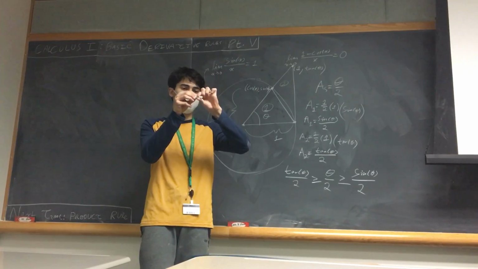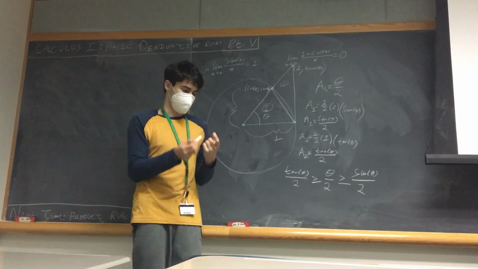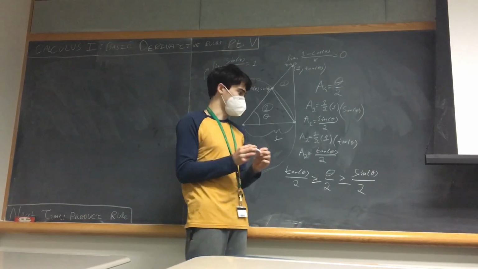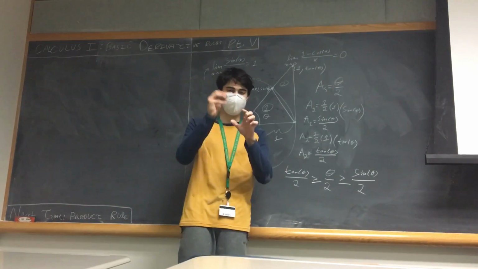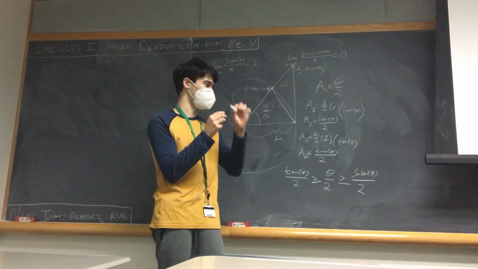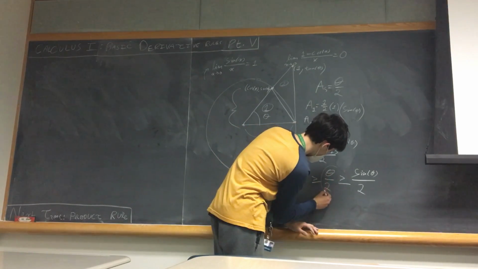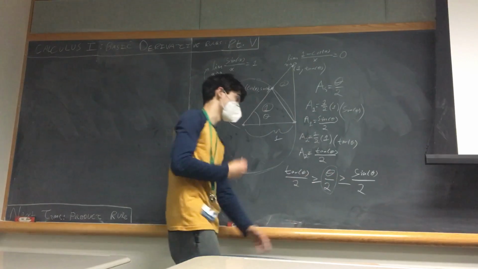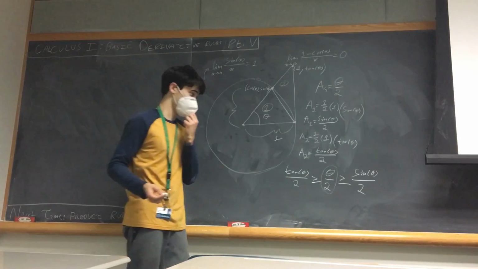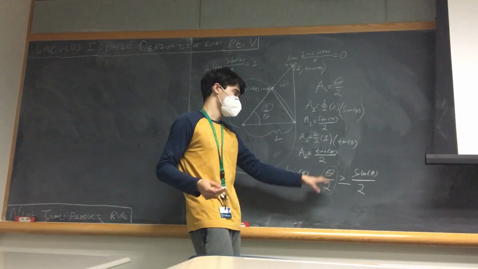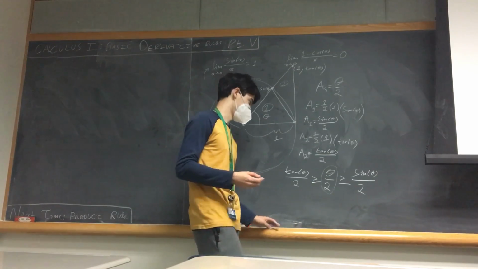It's the bottom function. What you're looking for is the function that would represent where the piece of chalk is, the one right in the middle. So our function right in the middle, in this case, is this one, theta over 2. So we need to find a way to get this to be sine theta over theta.